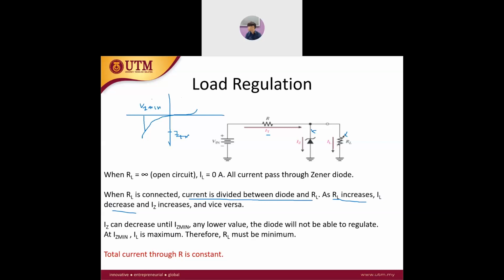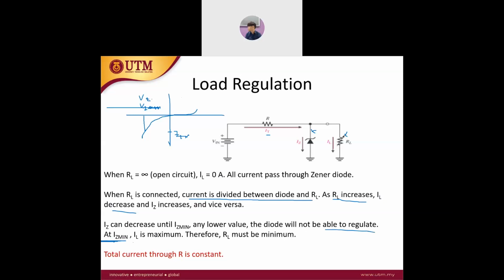If this is IZ minimum, this is the starting voltage for the diode to operate in the breakdown region for the Zener diode. IZ can decrease only until this minimum; any lower and the diode will not be able to regulate, because at this time it will not be a Zener diode. It is going to be like a regular diode at IZ min.